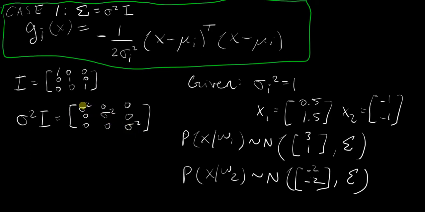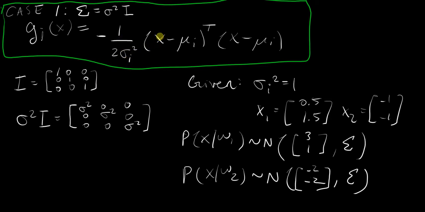So in this case, we do have case 1 because you can consider the variance here to be equal to 1. In that case, it's going to be equal to the identity matrix as described in the problem. So the discriminant function for that looks like this. You plug in your variance here.